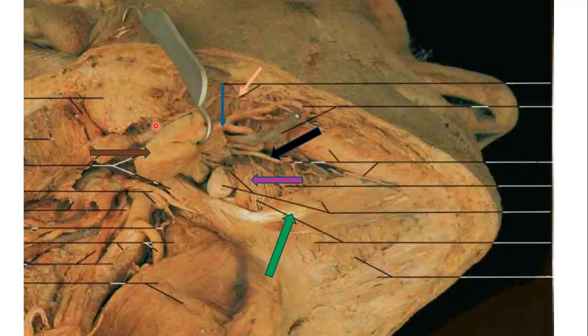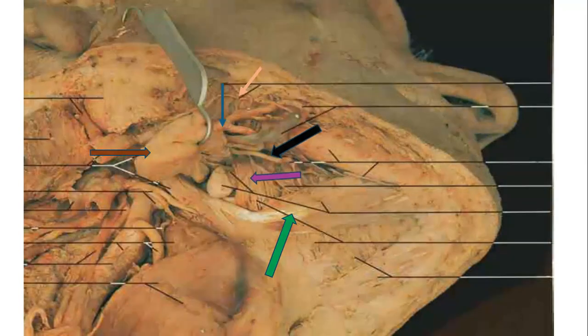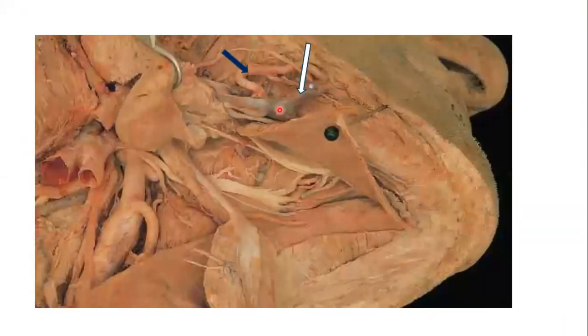Whatever is pointed here, that's the marginal mandibular nerve, a branch from facial nerve on its way to supply the muscles of the mouth, such as the depressor anguli oris. And so that is your facial artery, in fact, there, and this is the vein. Okay, and so the two are separated by the submandibular gland.